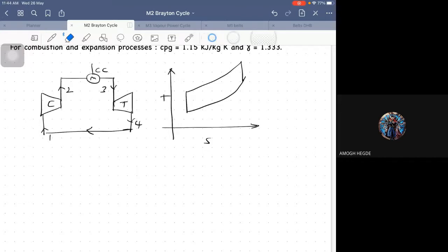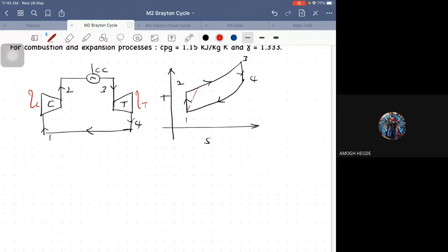So 1, 2, 3, 4. Simple, it was going on. Now, if the efficiency of the compressor was given, and if the efficiency of the turbine was given, what we used to do?